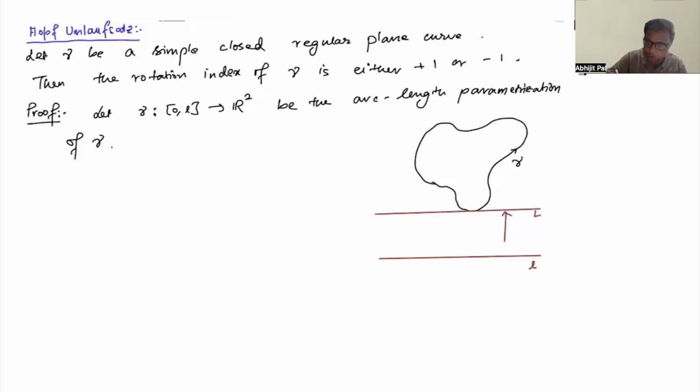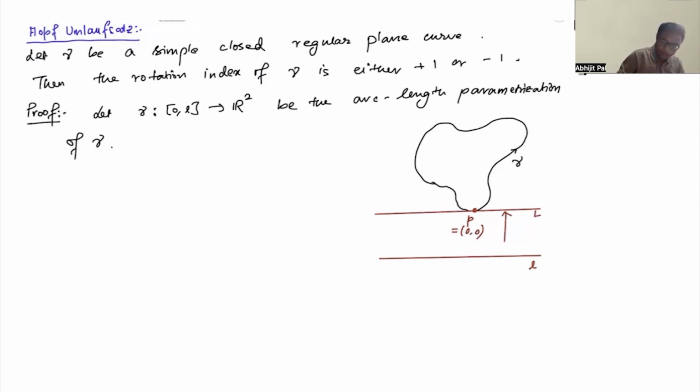In fact, this capital L will be tangent to gamma at some point P. Without loss of generality, I can take this P to be my origin, because if I change gamma by a translation, the curvature remains the same and also the rotation index remains the same.